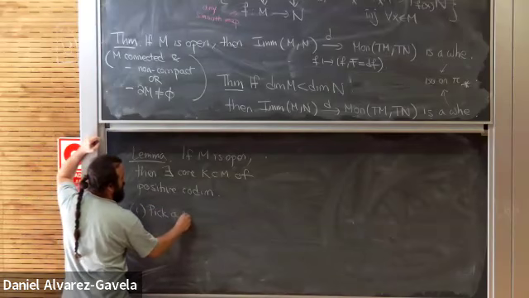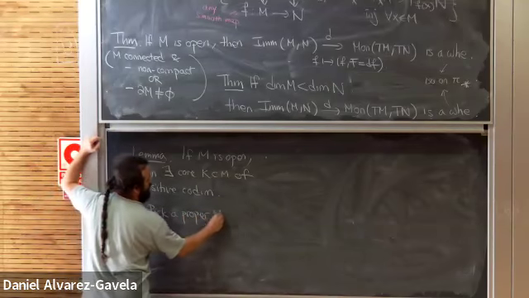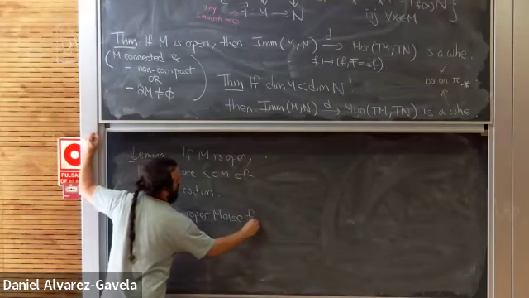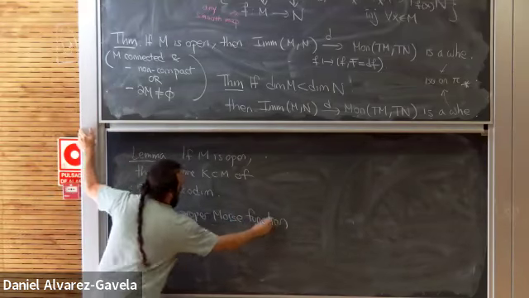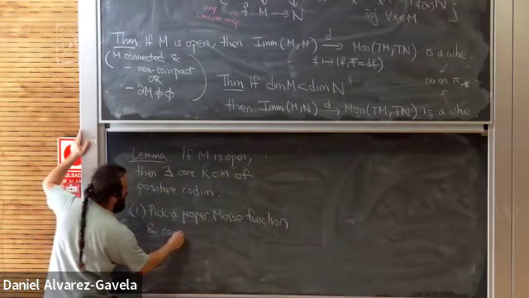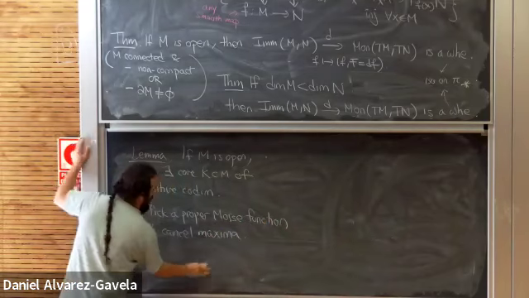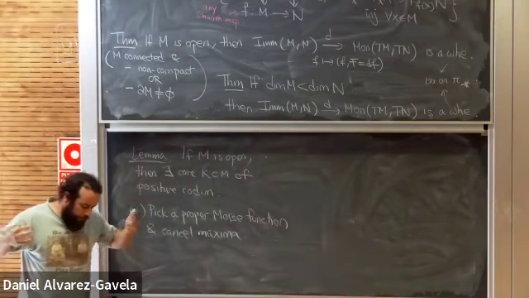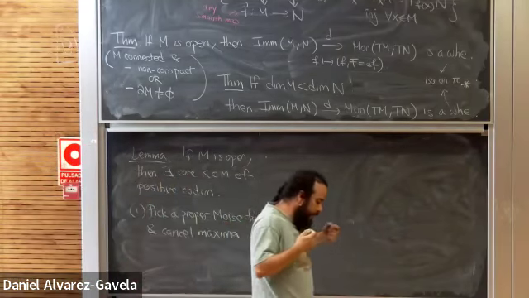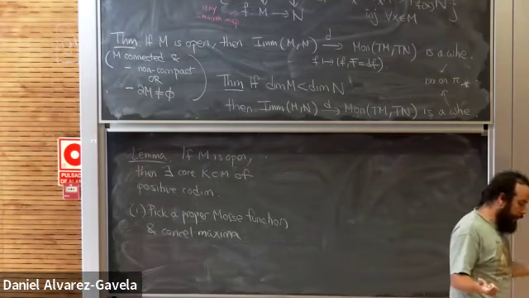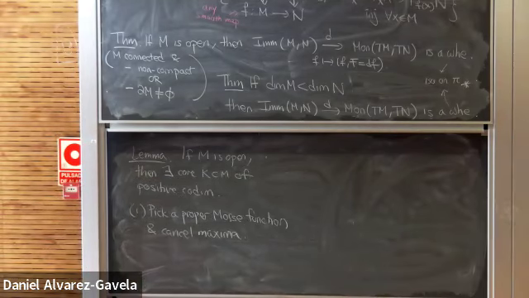pick a proper Morse function and cancel the maxima in the spirit of, there's a general principle by which you can often cancel critical points of Morse functions when they are not essential for the topology.